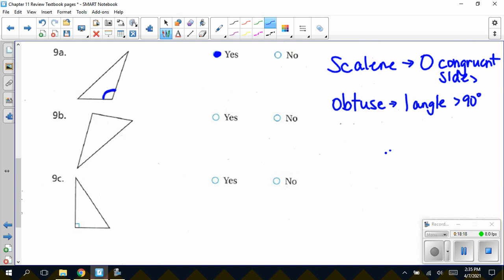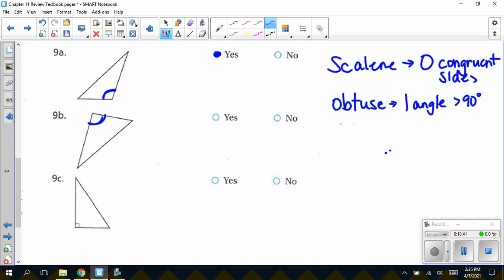For B, again, you could always use a piece of paper, but it is easy to tell. All 3 sides are different, so right now it is scalene. And again, you could use the corner of a piece of paper if you needed to, but you would notice that this angle right here is greater than 90 degrees as well.